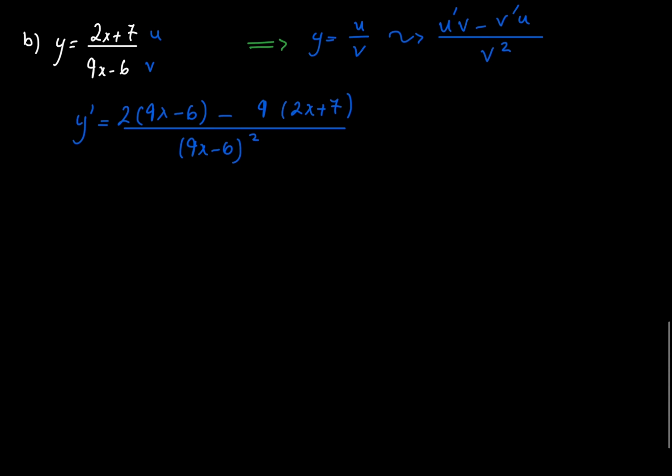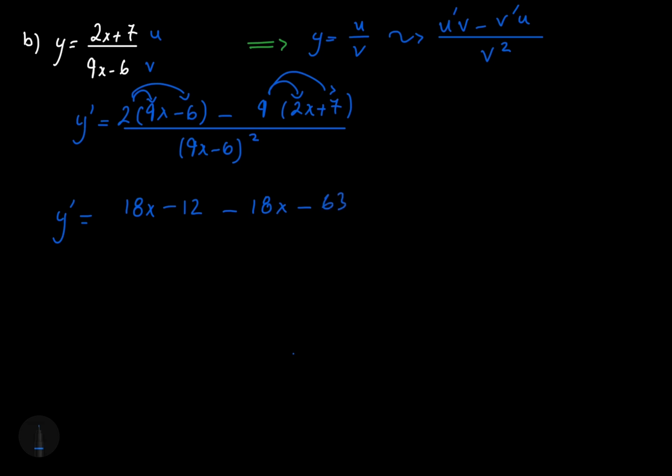So now we have to simplify this, because as you can see, there are numbers that can expand with the brackets in front of them. So y prime is simply going to be 2 multiplied by 9x and by negative 6, and then negative 9 by 2x and by 7. So what you get is 2 times 9x, which is 18x, minus 12, minus 18x, minus 63, divided by 9x minus 6 raised to the power of 2.